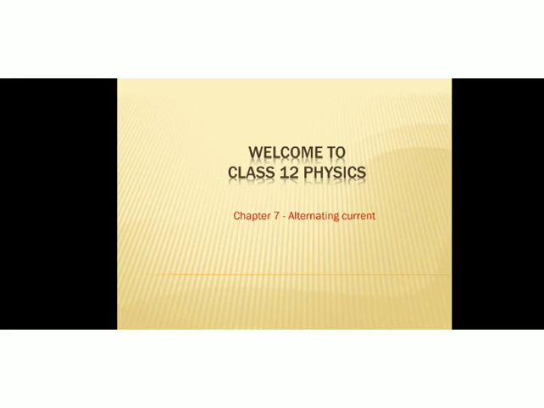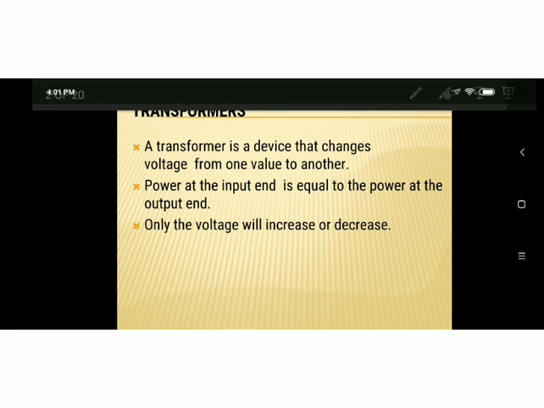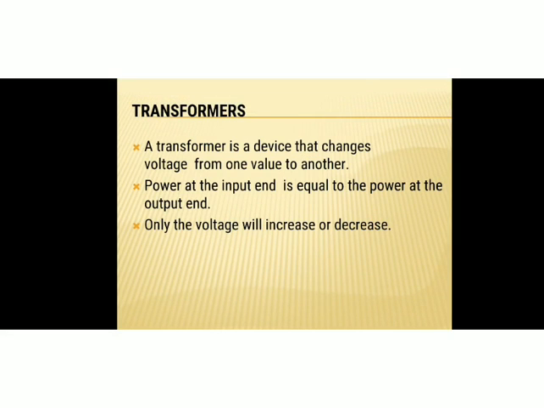Let's continue with our chapter 7, alternating current. Today we are going to discuss transformers. What is a transformer? A transformer is a device that changes voltage from one value to another. That means if we want to increase the voltage or decrease the voltage, we can use transformers.